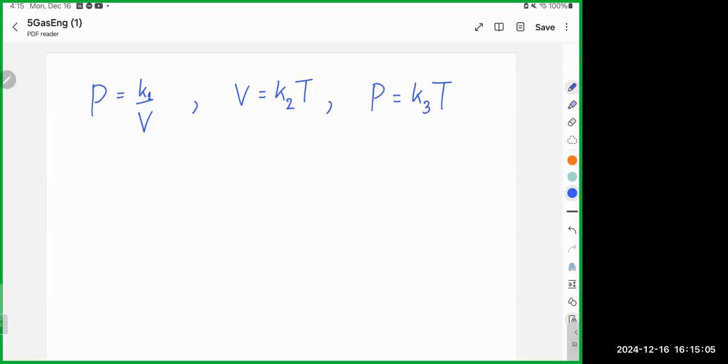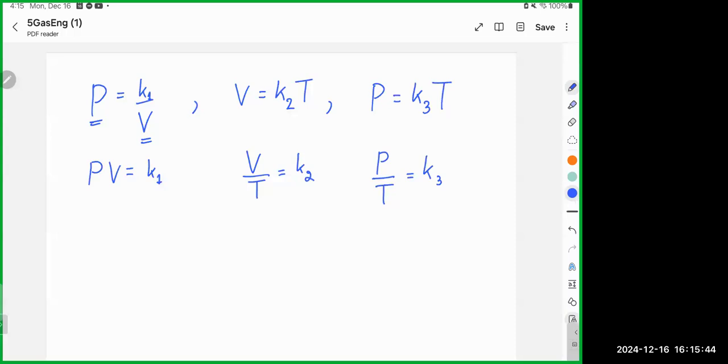Because we have these relations, we can combine them with each other. For example, we know that P is inversely proportional to V, so we can write PV equal to K1. And we have V by T equal to K2, and we have the ratio P by T equal to K3.